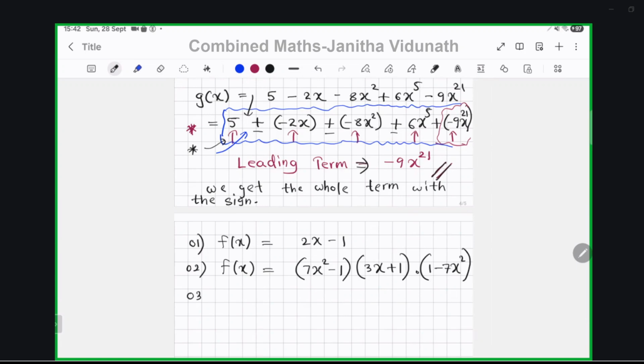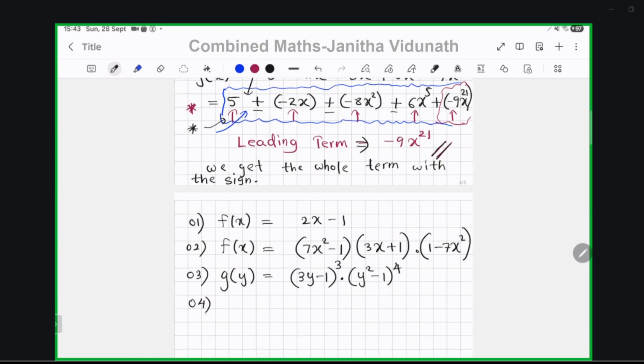The third one is g(y) is equal to 3y minus 1 whole cube times y square minus 1 to the power 4.